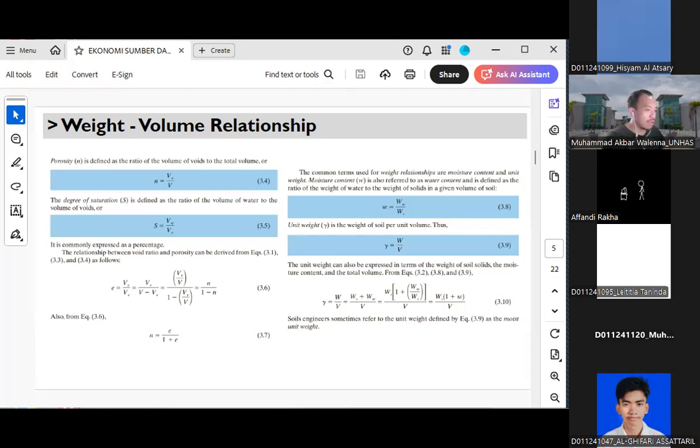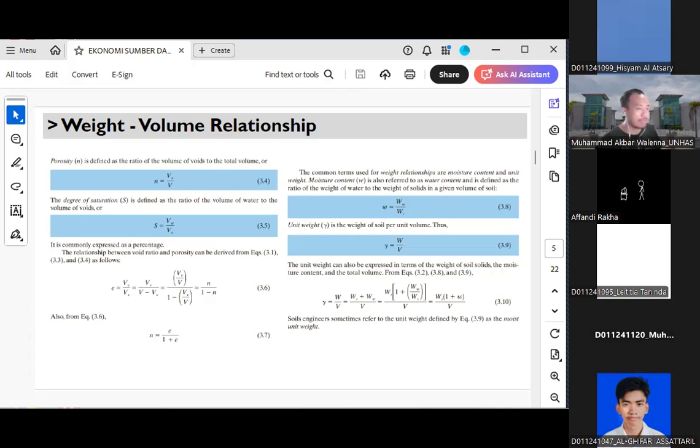For example, 100 grams of dry soil contains 20 grams of water. So the moisture content is 20%. When it comes to moisture content, we separate the weight of the water and the weight of the dry soil.